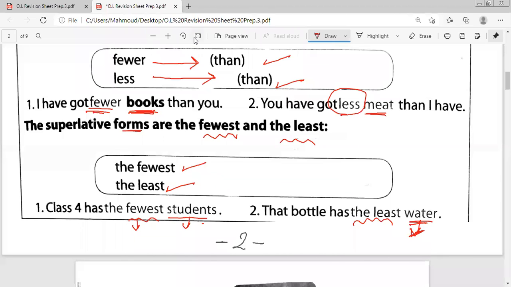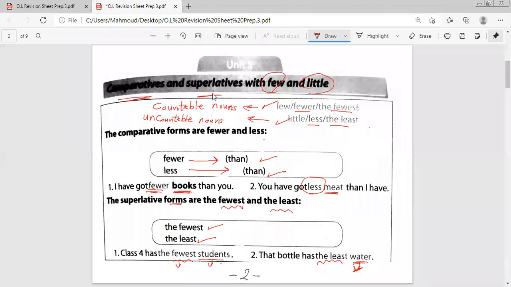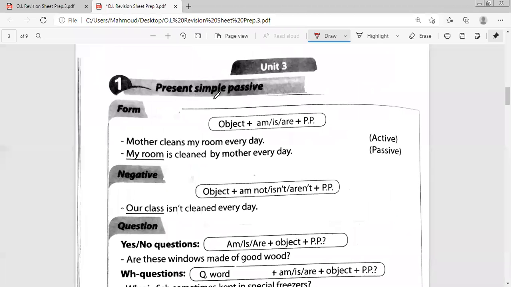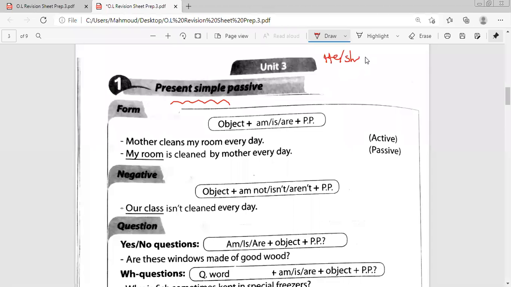After that, in unit 3 we studied together how to form the present simple passive. As you know, the present simple we can form by using, if you find he or she or it or singular, you will add to the verb s or es or ies.